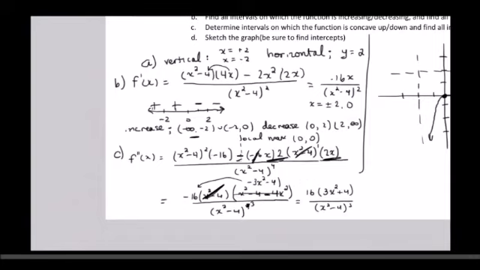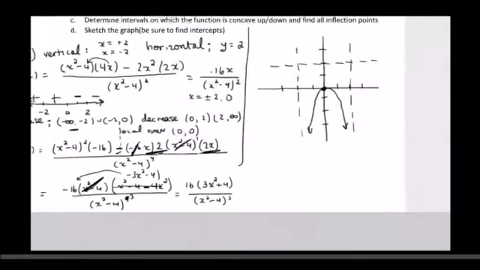But we can also check to see where it's undefined. And right here, the denominator of a rational function is where we would have undefined values. So x squared minus 4 is going to equal 0 when x is positive or negative 2.